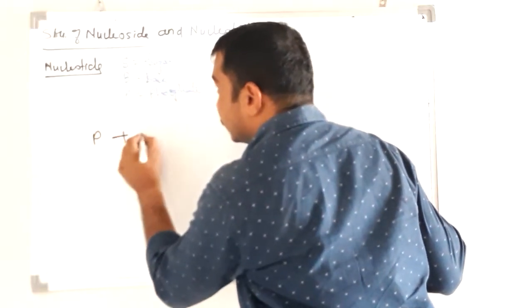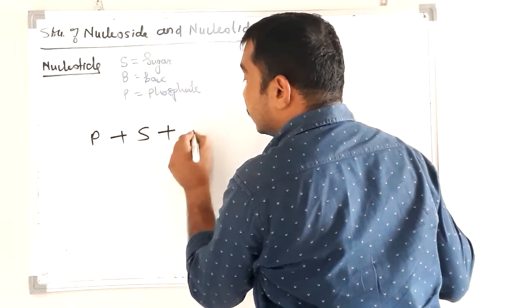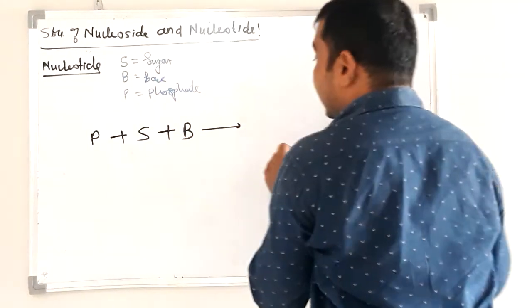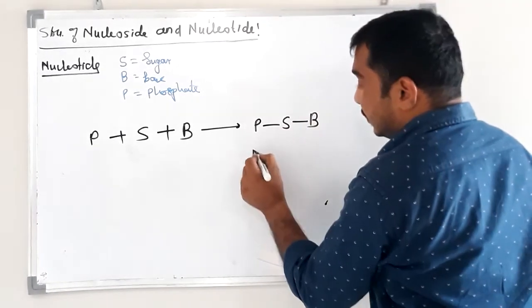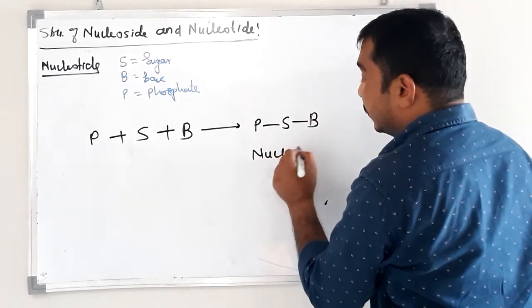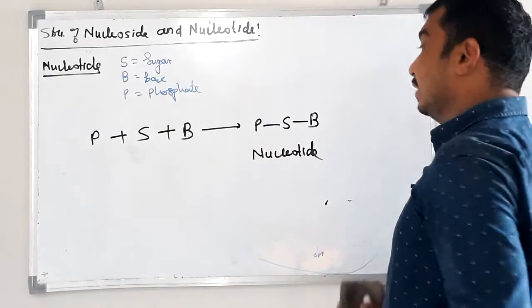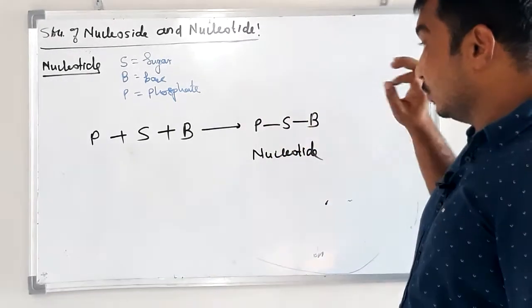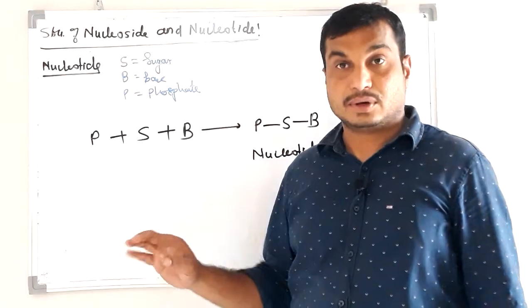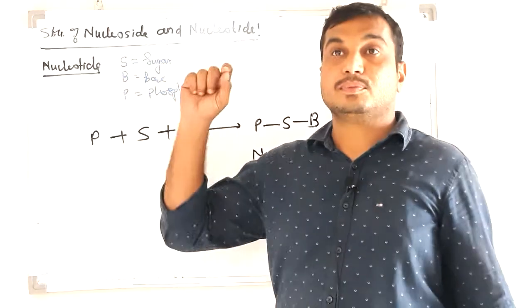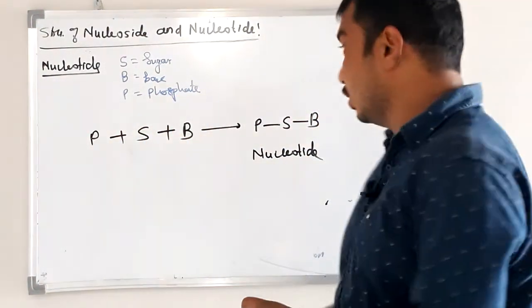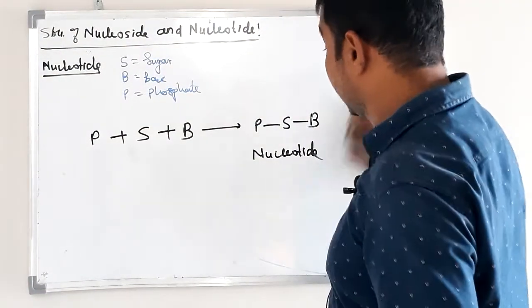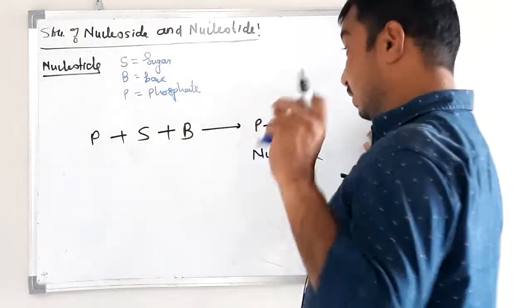Phosphate group, sugar plus base combine, PSB, this is called nucleotide. And a large number of nucleotides combined together form a polynucleotide chain. I will explain how this polynucleotide chain forms, which is nothing but DNA or RNA.